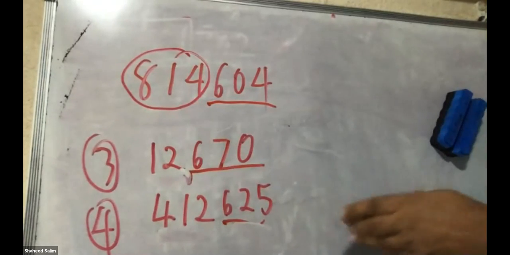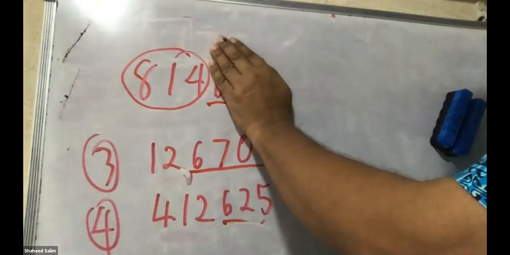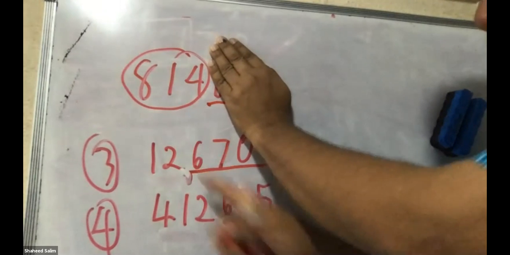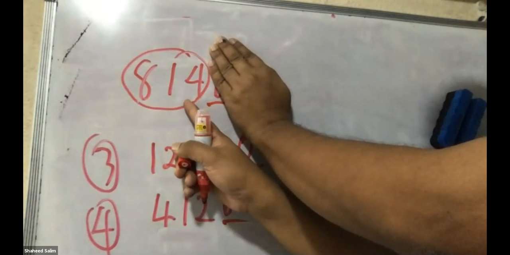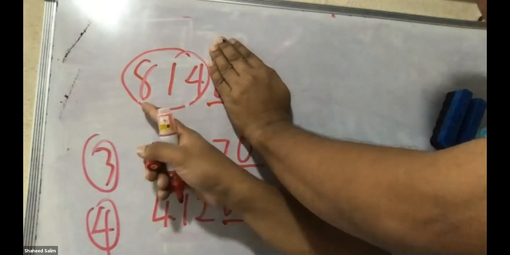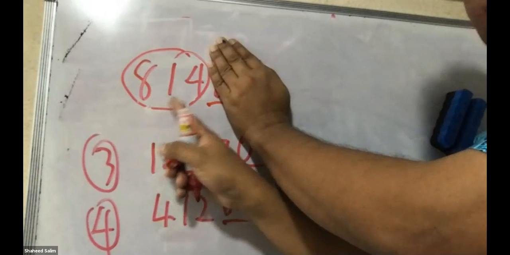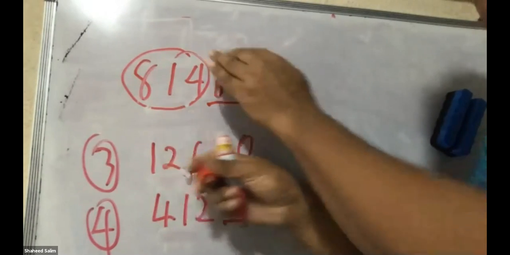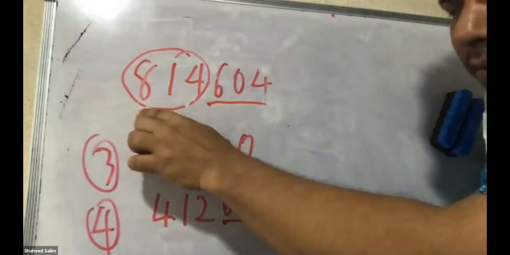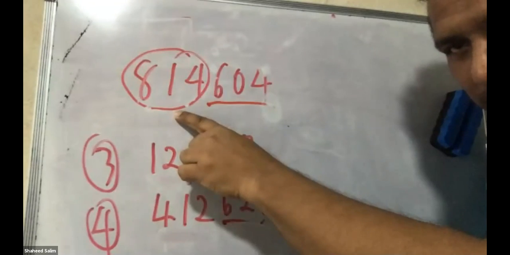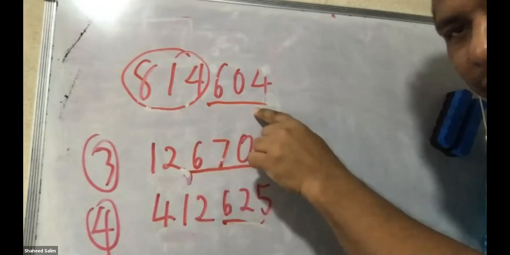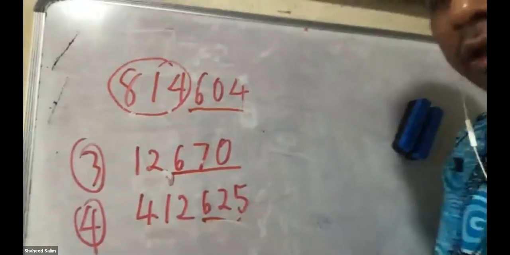No, what number is this? 814. 814 is what? Not 8,014. Right, this is 800. Okay, so read it together. 814,000. 604. Yes.